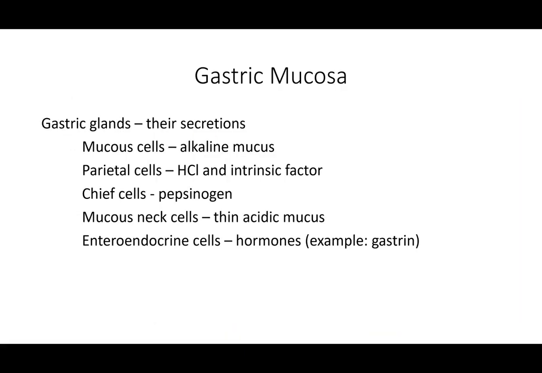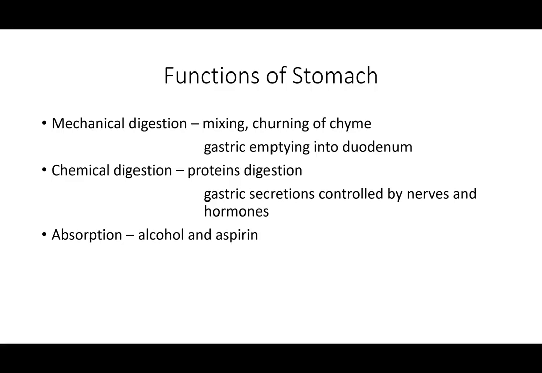So that gastric mucosa is going to be really, really important. All of these different types of cells are going to be really important for various aspects of digestion within the stomach. And so they all need to be in there in some capacity. But again, a couple of these are only going to be found in certain regions of the stomach and not all over the place.